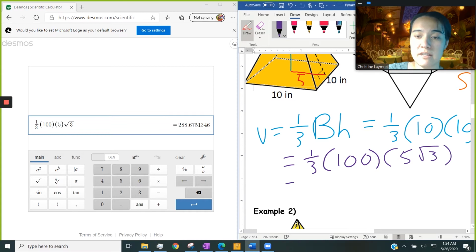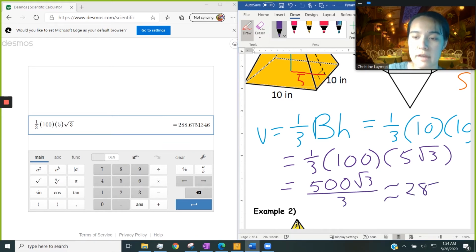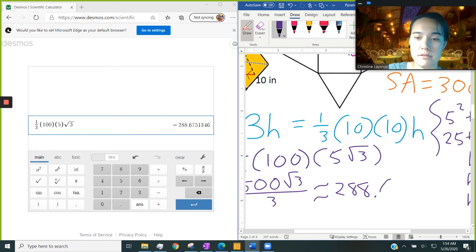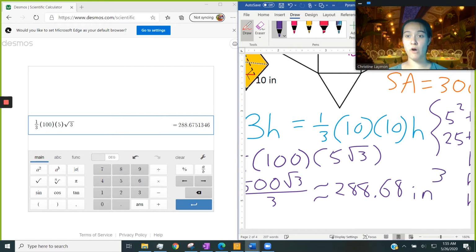Let me first give the exact answer: the exact answer is 500 root 3 over 3. The approximate is 288.68, rounded to 2 decimal places, and these will be in inches cubed. Remember, volume is always going to be cubed.